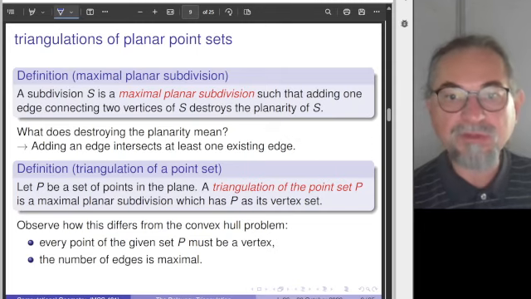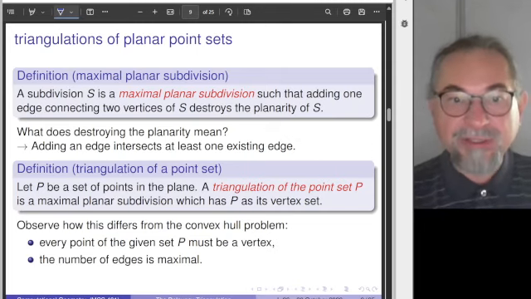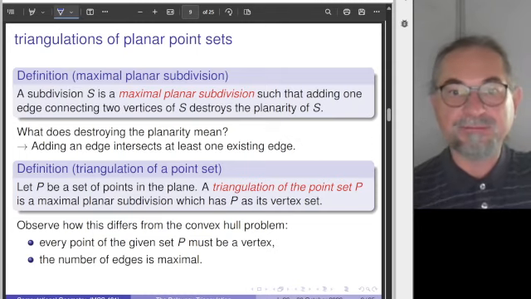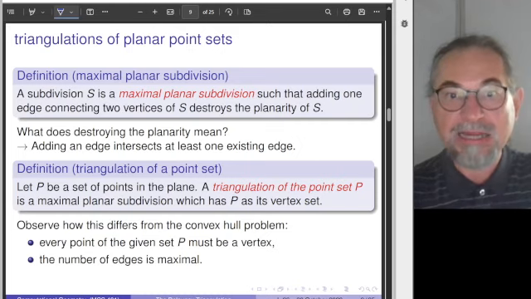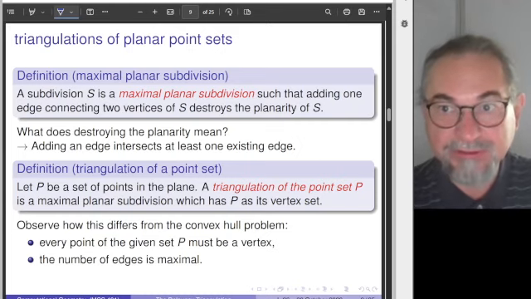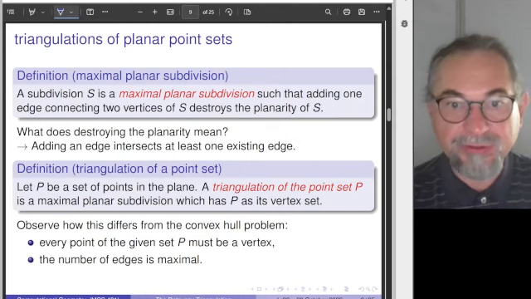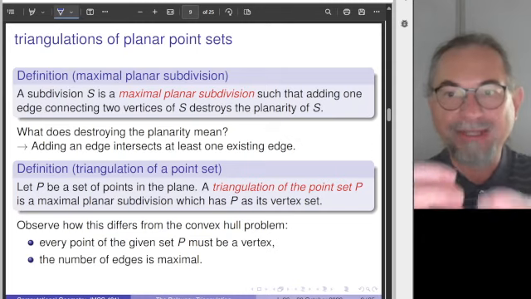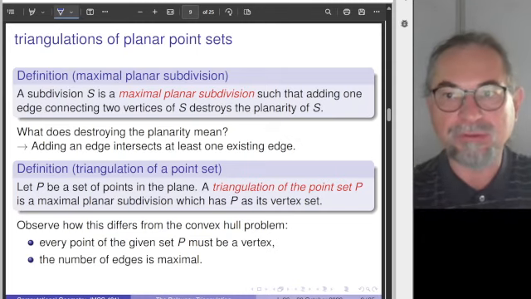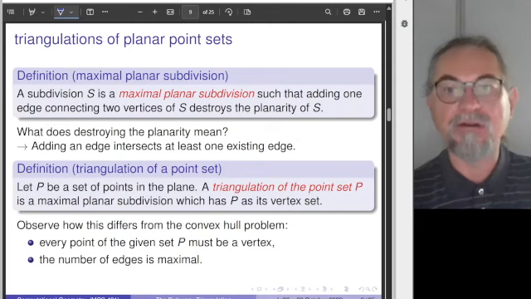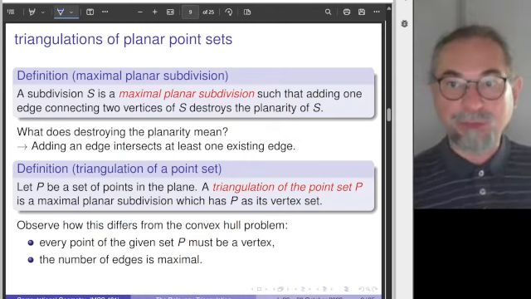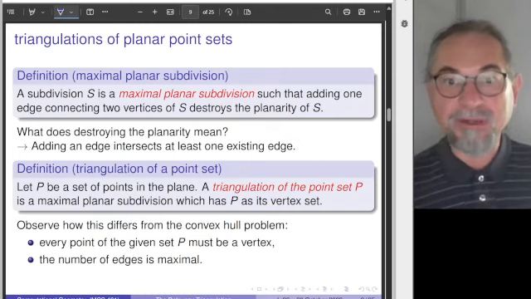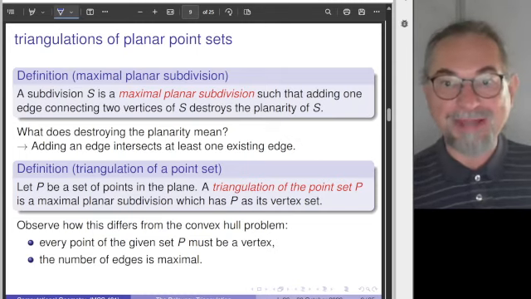So a triangulation of a point set means actually that the vertex set of this triangulation is the given set. It's important to point out that with the convex hull problem, we have vertices in the inside of the polygon that don't really matter, so they disappear from the output. Here we actually do have, and in our height interpolation problem where we started, every measurement mattered.